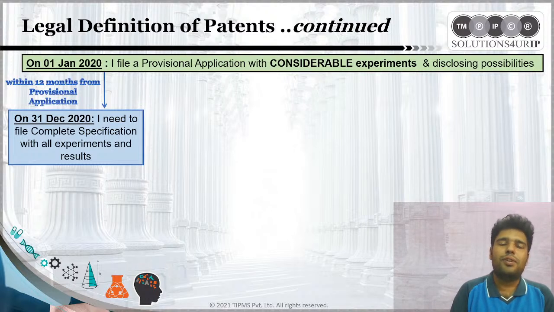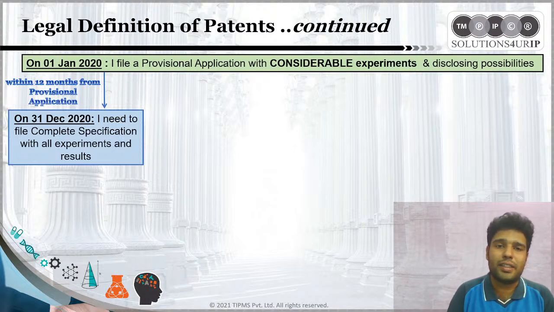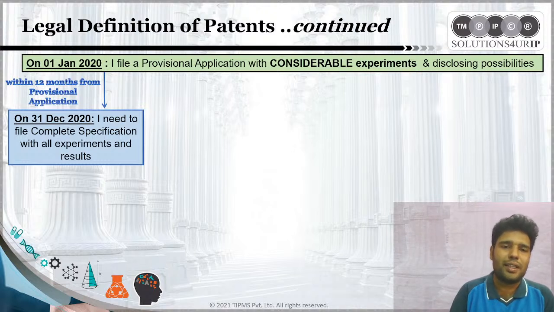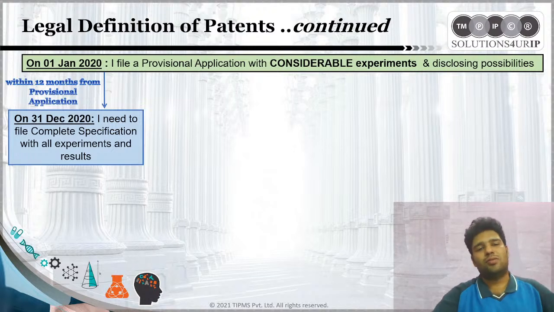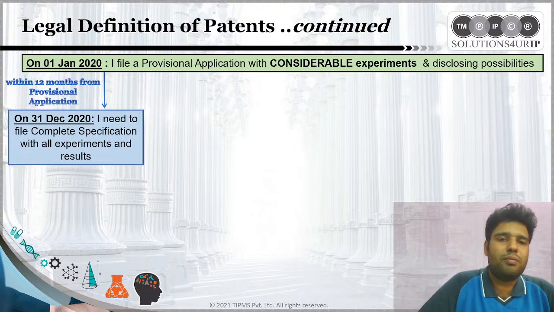So if you agree to incur the cost of filing the PCT patent application for your own benefit, then you will realize, oh, I have another 1 month remaining, so let us quickly file the PCT application within this 1 month because the deadline is ending on 31st, if not 31st December 2020, it is ending on 1st of January 2021. So on 15th of December 2020, you complete making your PCT patent application based upon the same provisional patent application.